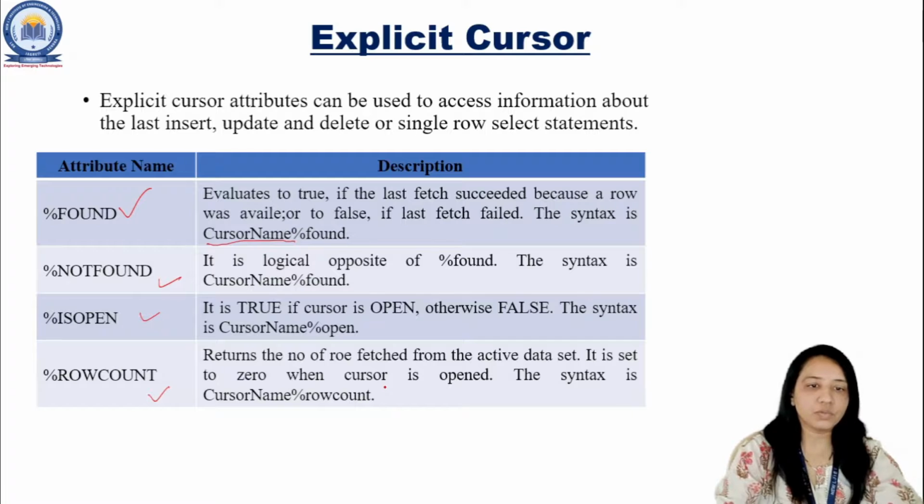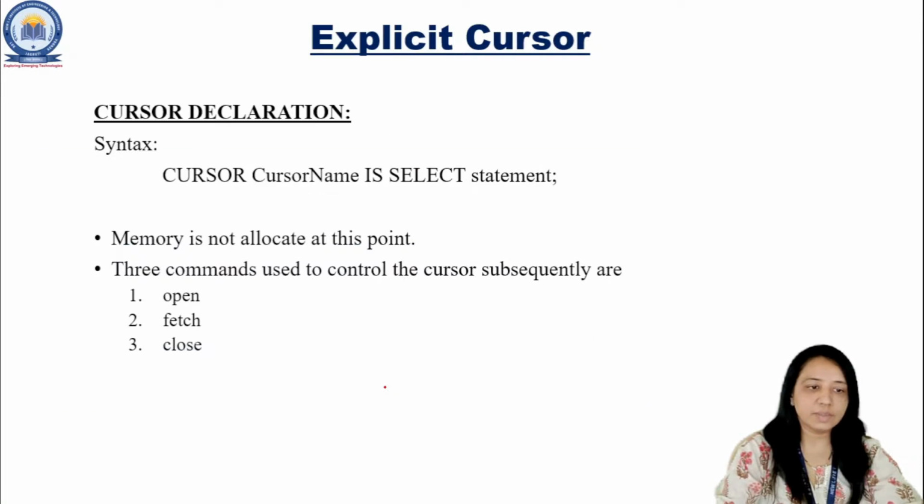These are the four attributes of the explicit cursor, which is defined by the user.